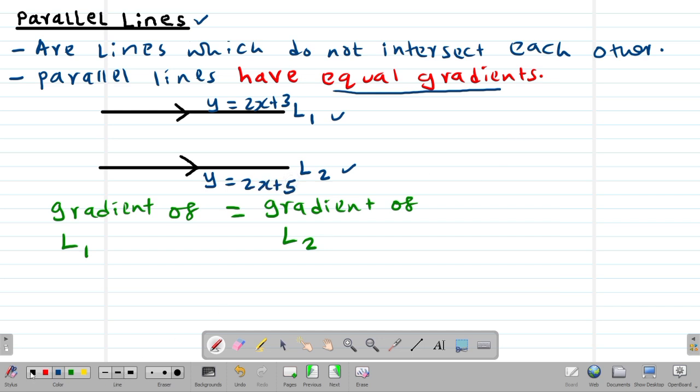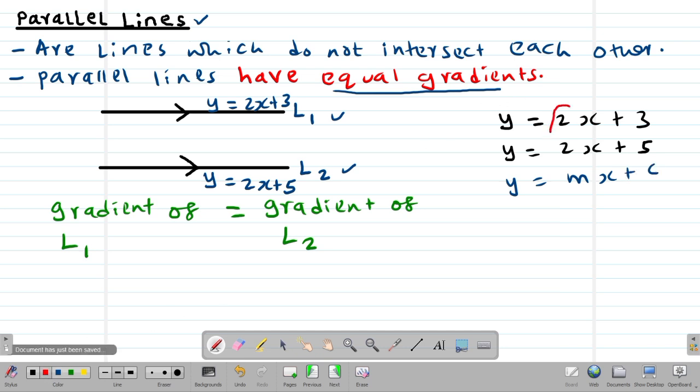When you compare these two equations to the general form of the equation of a straight line, y = mx + c, where m represents the gradient of any given line, it's clearly evident that the gradient of the first line is equal to the gradient of the second line.